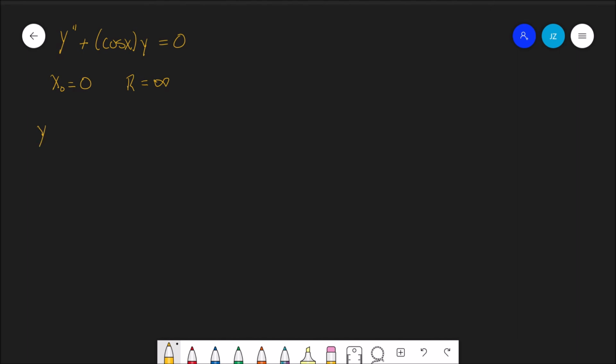So our solution will be of the form summation c sub n x to the n as before, so y prime and y double prime.